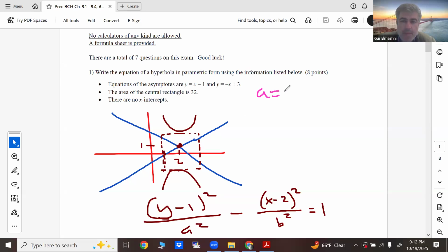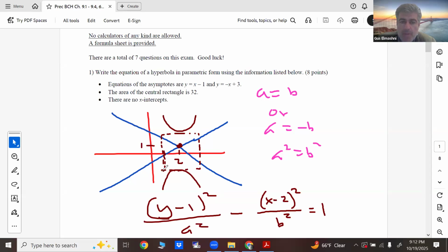Well, A could also equal negative B, but what I do know for sure is that A squared equals B squared. It has to be true because my slope is 1 or negative 1. And remember, you're going up and over, so up 1, right 1, or down 1, right 1. Okay, that helps.